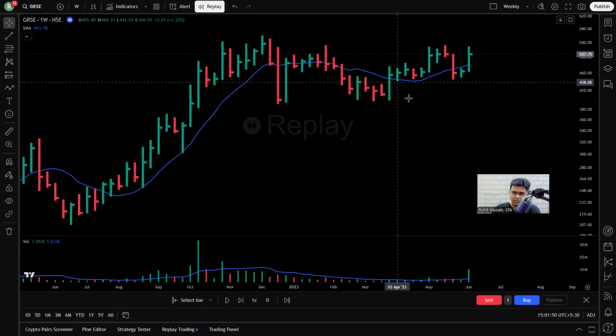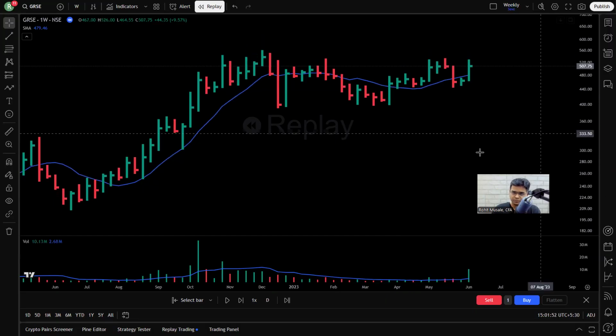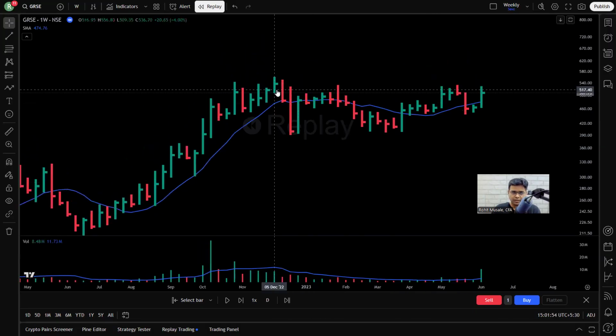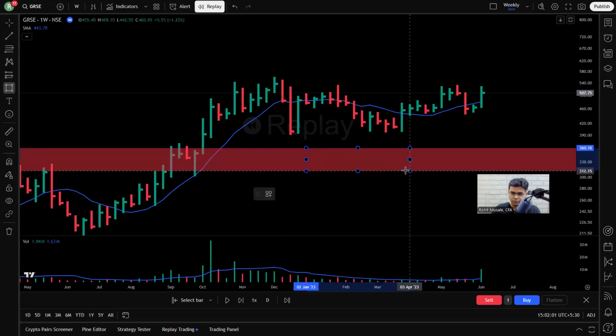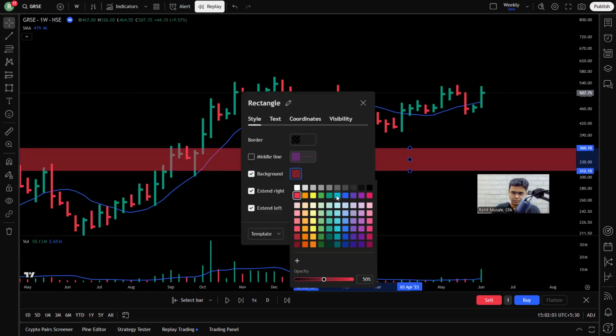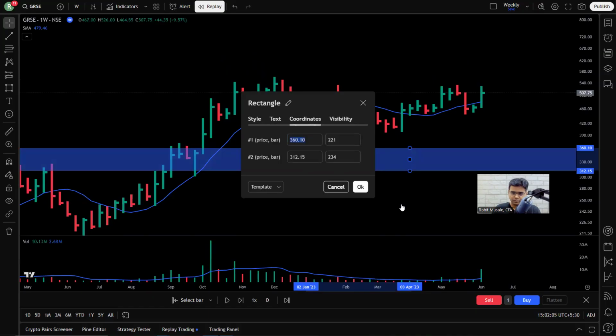Okay, so let's draw the pivot range. So the high is 556.80. I do this in every video so that you get used to this. So blue color, 556.80.